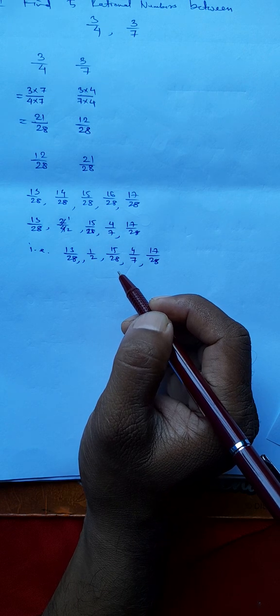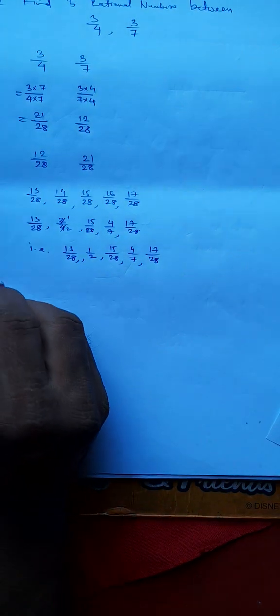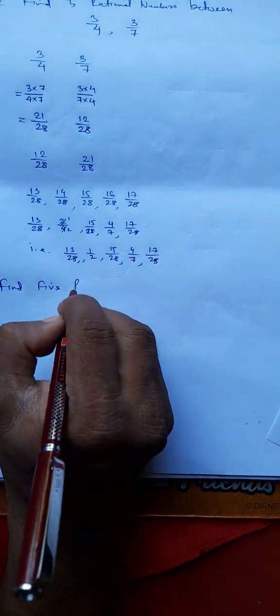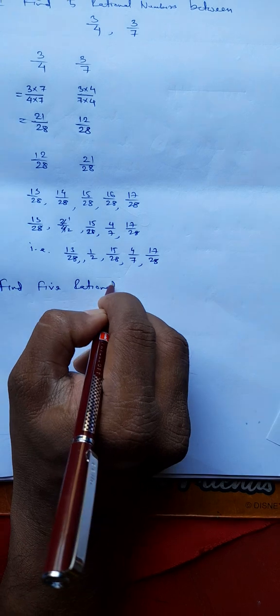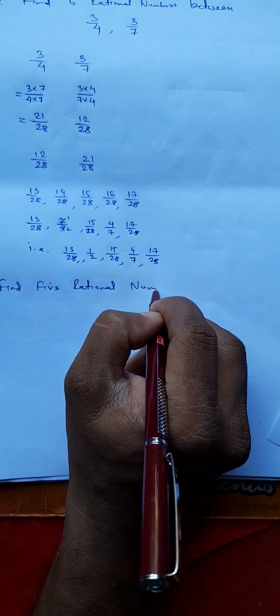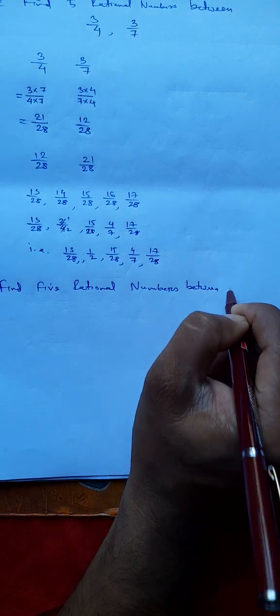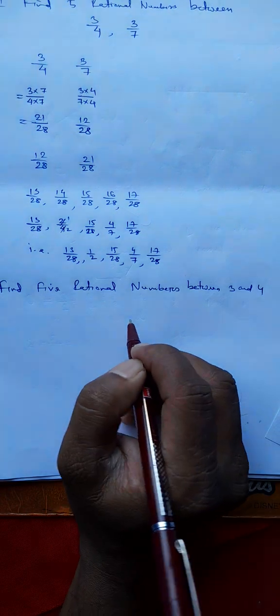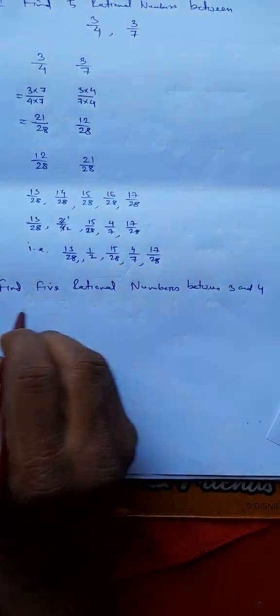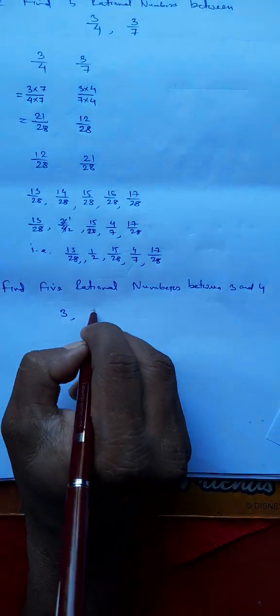Now let's say find 5 rational numbers between 3 and 4.